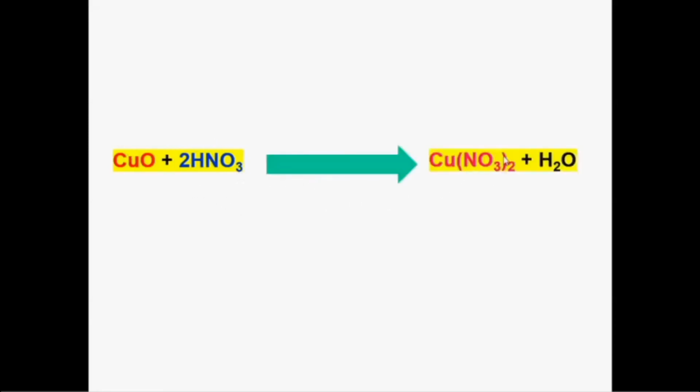Please keep in mind, in any chemical reaction, for example the reaction that we are discussing now, suppose copper(II) oxide reacts with 2 moles of nitric acid, we should get copper nitrate and water. However, in the actual reaction, sometimes a chemical reaction like this produces side products.